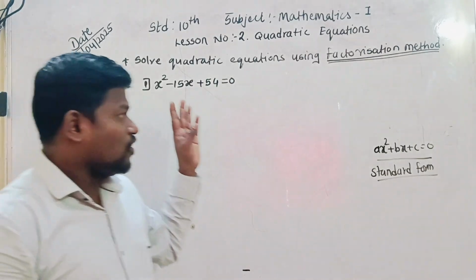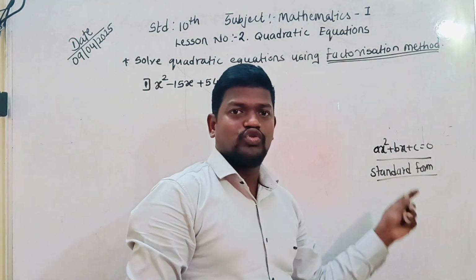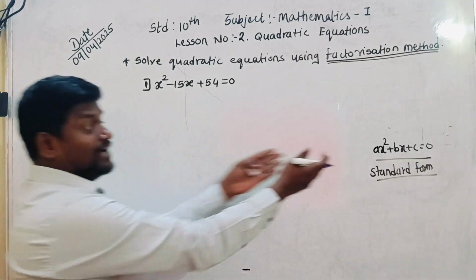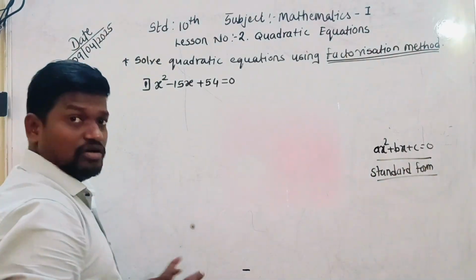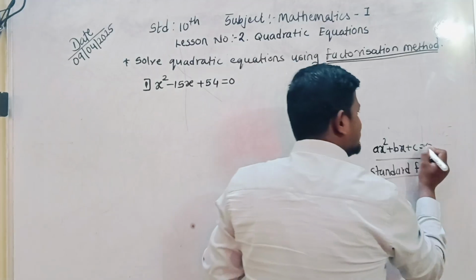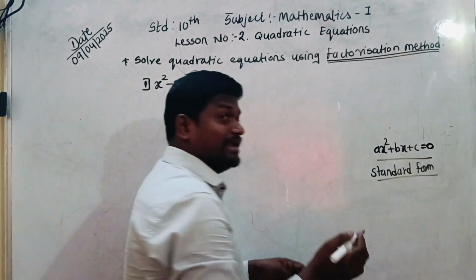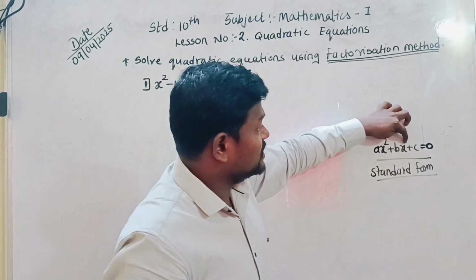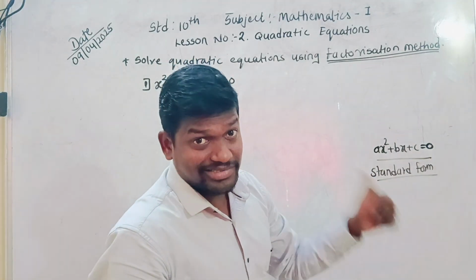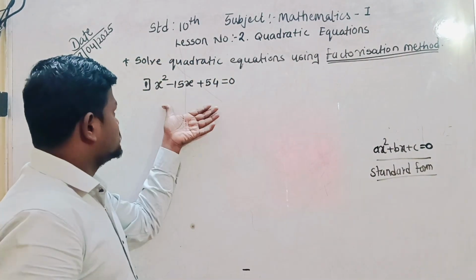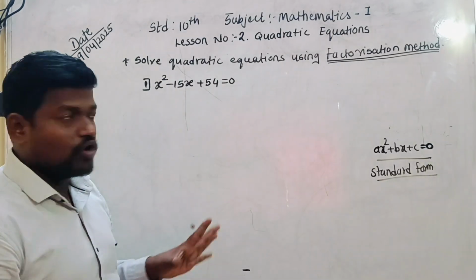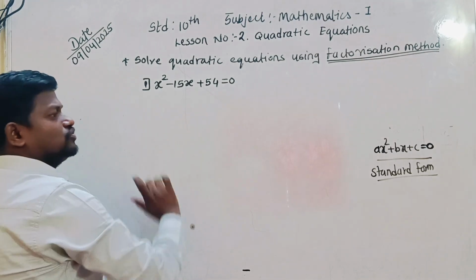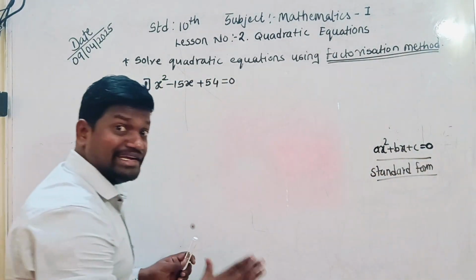So always check when you solve this type of problem. If our equation is not in that form, you have to arrange it. On the right side there is always 0, and on the left side in a quadratic equation the highest index is 2, then 1, and then 0. So this is our standard form. Let's check whether our equation is in standard form or not. See, 2, 1, 0 and equal to 0 means our equation is in standard form.